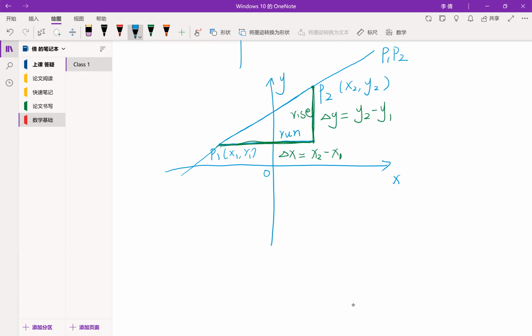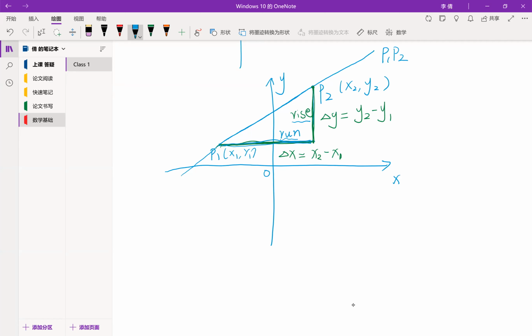This delta x is the run. This is the rise between P sub 1 and P sub 2, and this is the run between P sub 1 and P sub 2.